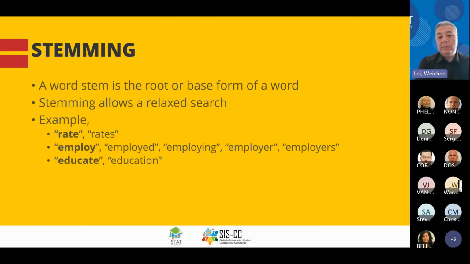For example, if you search for rate, you will also find rate in the plural form. If you search for employment or employ, then with stemming enabled you will also find words like employing, employer, plural forms, etc. Again, if you search for education, it will also be able to find educate, depending on what you have in your repository.